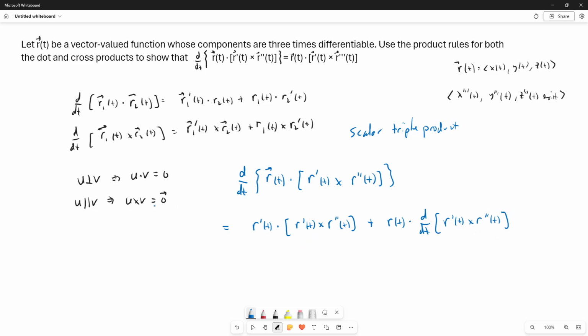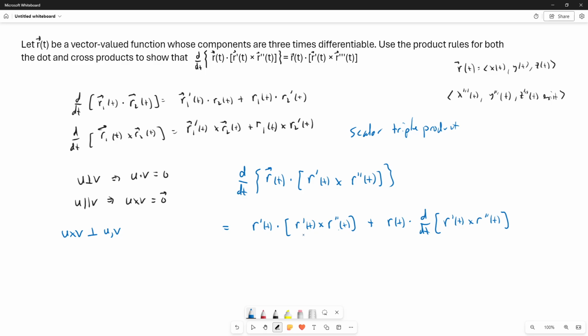Okay, now here's where we use our first fact that orthogonal vectors give a dot product of 0. And we're going to need another fact here that u cross v is perpendicular to both u and v. So here we have R prime, which is the same as this vector, being crossed with another vector.